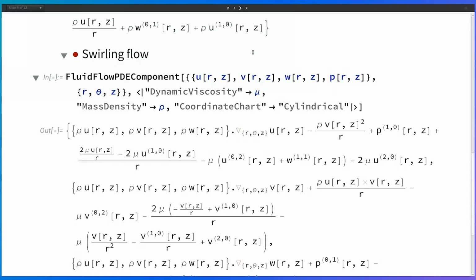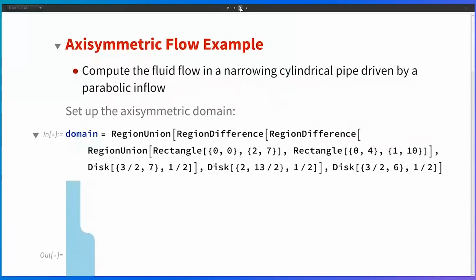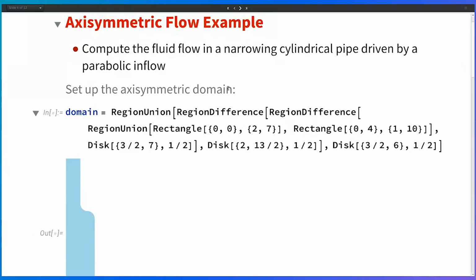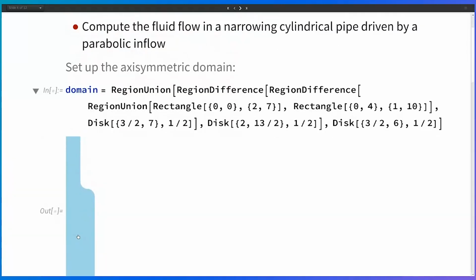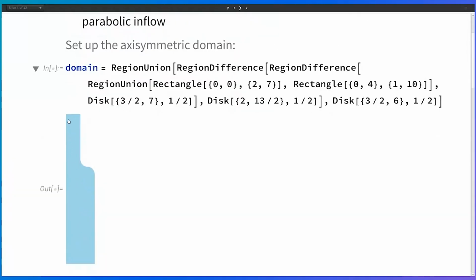So now let's have a look at a numerical example for the axisymmetric flow. Here we have a narrowing cylindrical pipe, and the flow in this pipe is driven by a parabolic inflow. Even though we are actually dealing with a three-dimensional problem, we only set up the domain as two-dimensional, because we assume that this domain has an axis of symmetry, which in this case is this left edge.